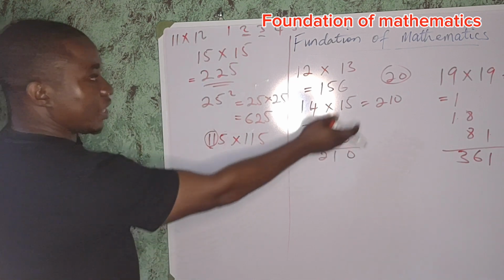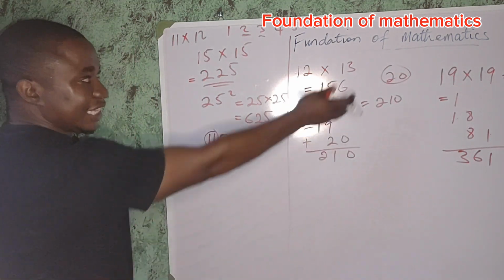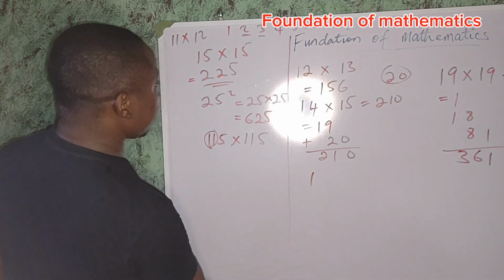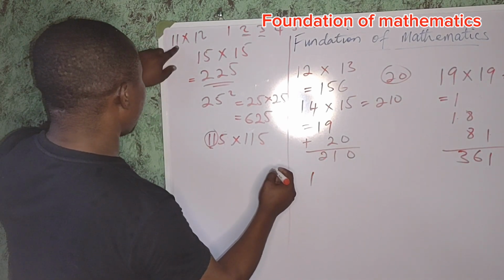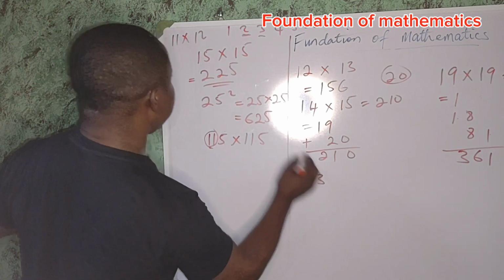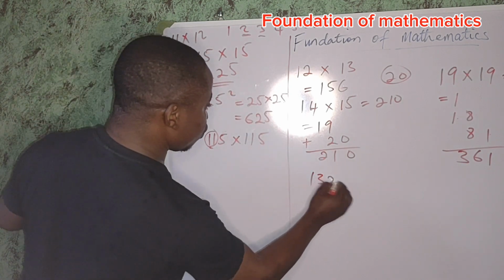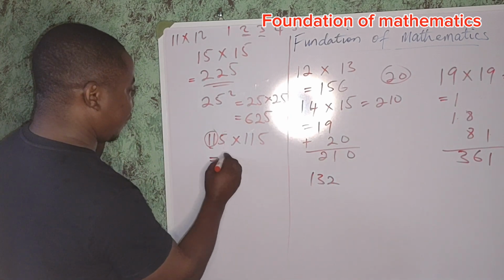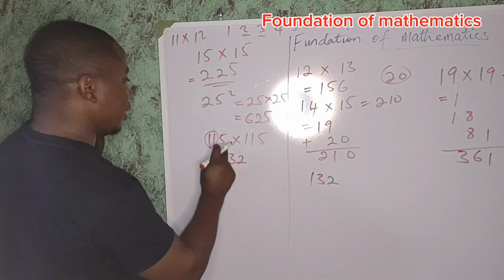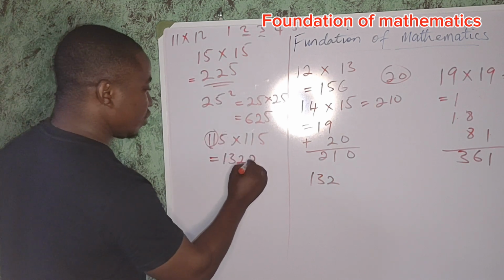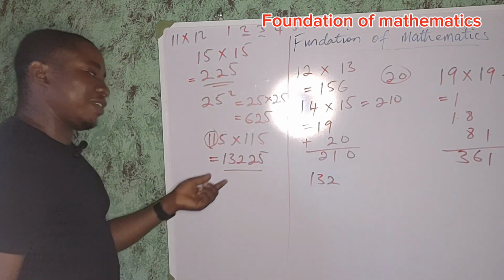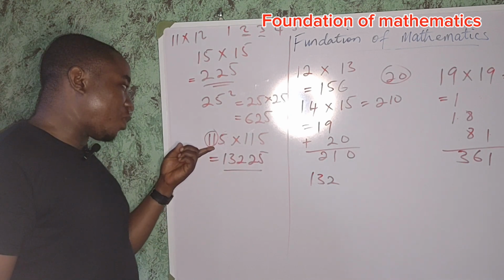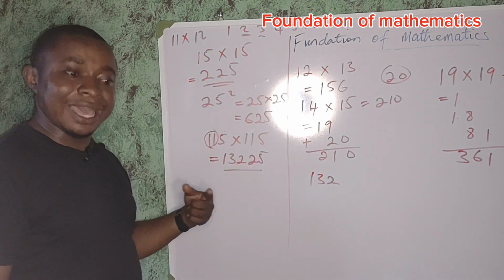We make use of this established method that we have here. 11 times 12 will give us, of course, 1. Then 1 plus 2, we have 3. Then 1 times 2, we have 2. So 11 times 12 is 132. So what we have here is 132. Then 5 raised to power 2 will give us 25, making us to have 13,225 to be 115 times 115, and so on.